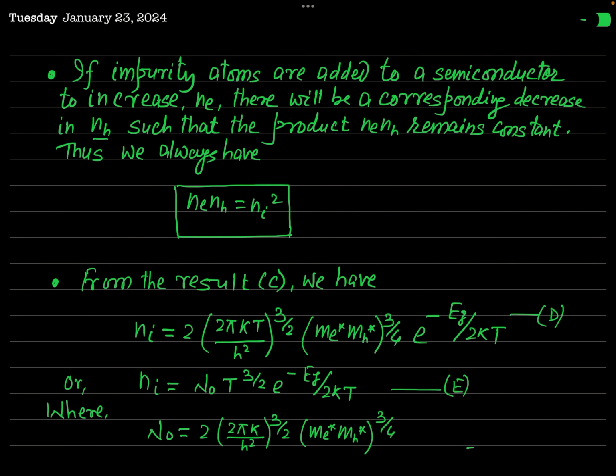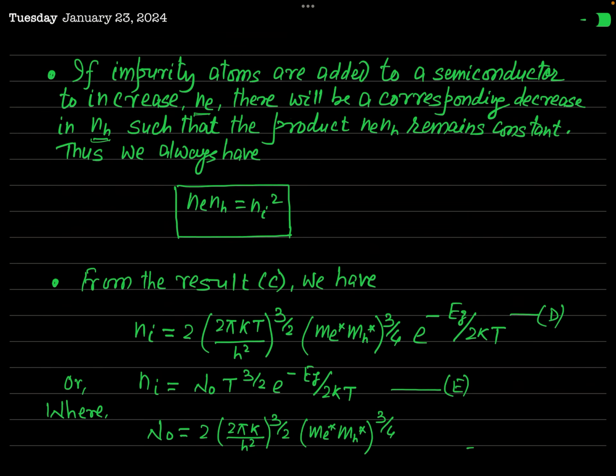Actually, in case of extrinsic semiconductor, if impurity atoms are added to a semiconductor to increase Ne, the concentration of electrons, then it is found that there will be a corresponding decrease in the concentration of holes.